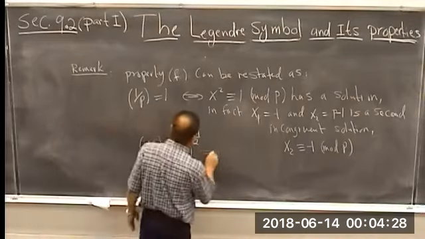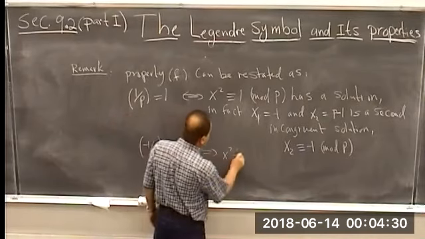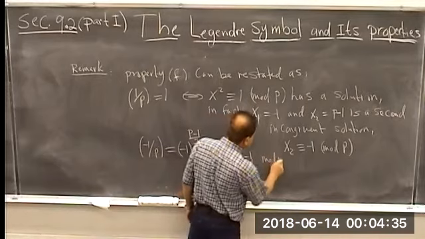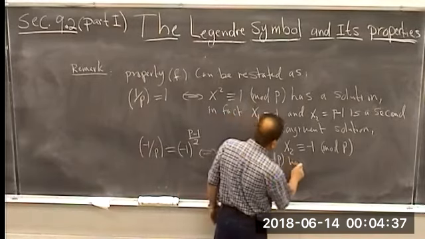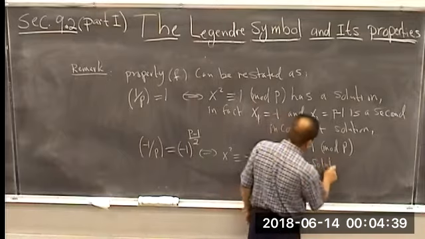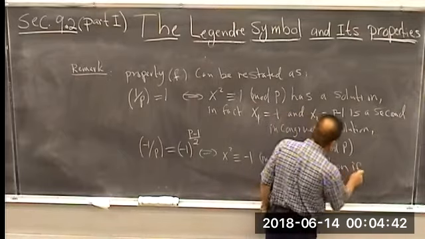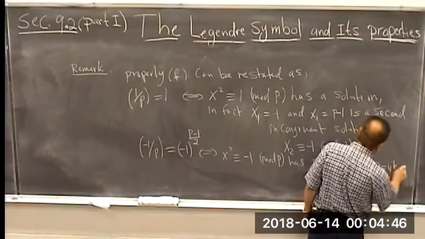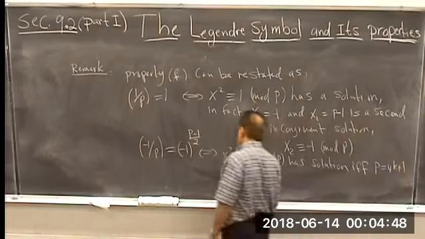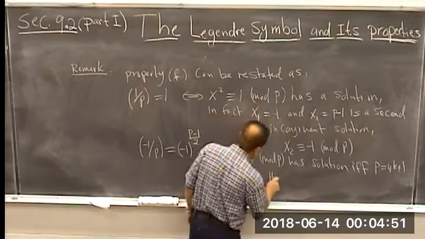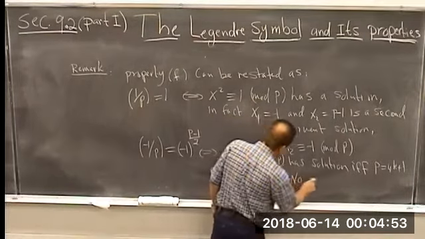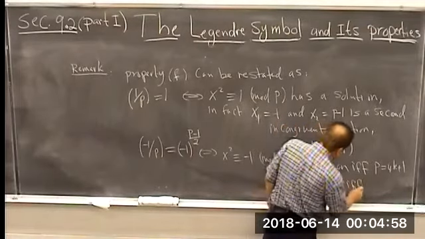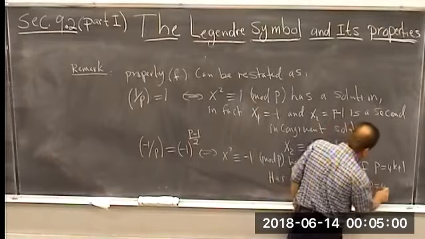So this is equivalent to saying that x squared congruent to negative 1 mod p has a solution if and only if p is of the form 4k plus 1, and has no solution if and only if p is 4k plus 3.